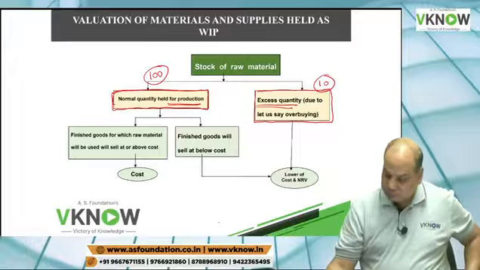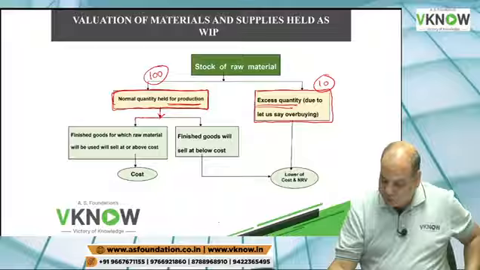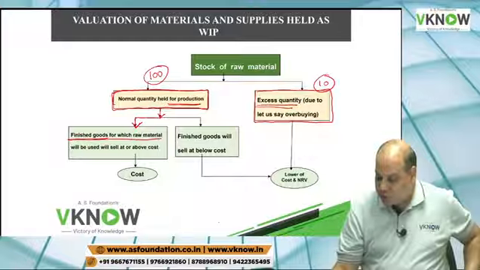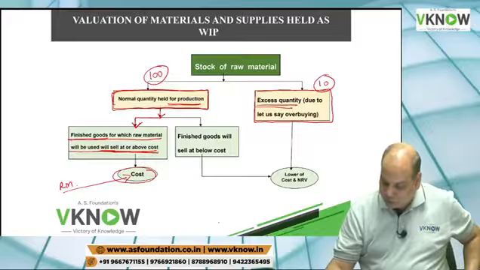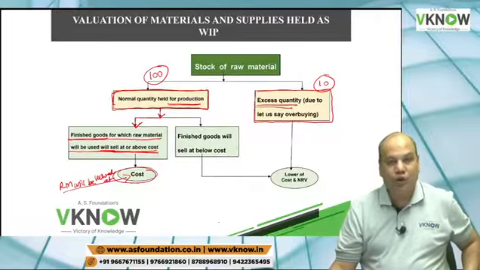Now check at what amount finished goods will be sold. If finished goods for which raw material will be used will sell at or above cost, then the raw material will be valued at cost. Then no need to write down.